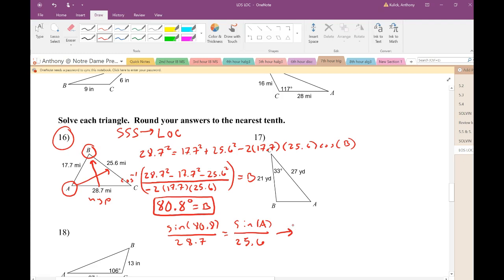So now I'm going to cross multiply and divide, and then take the sine inverse of both sides. So when I cross multiply, I'll get 25.6 times sine 80.8. And then when I divide, I'll get it over the 28.7. And then when I do the sine inverse, it'll go around that whole thing, and that will give me A. I've compressed some steps there in the interest of not having that much space to work with.